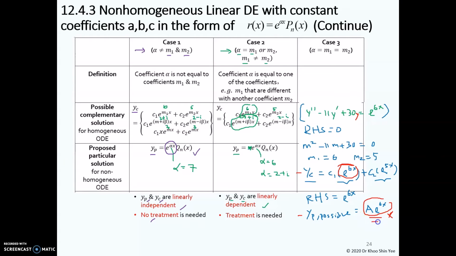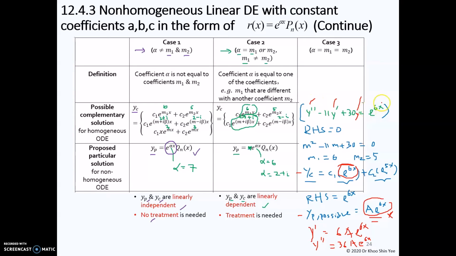So if you substitute y equal to a exponential 6x inside here, and take the y prime of this, you obtain 6a e^6x. You can substitute inside here, and lastly your y double prime will be equal to 36a exponential 6x. So you can substitute the y double prime inside.